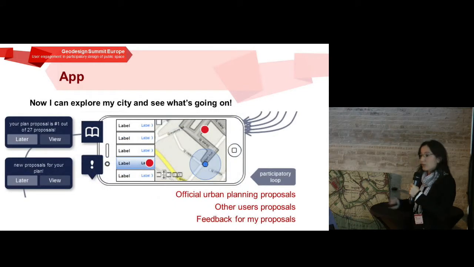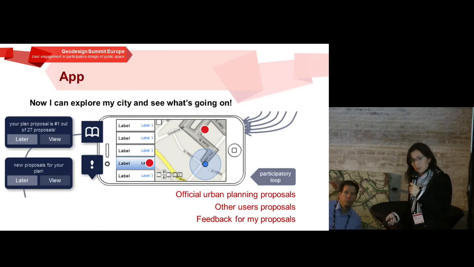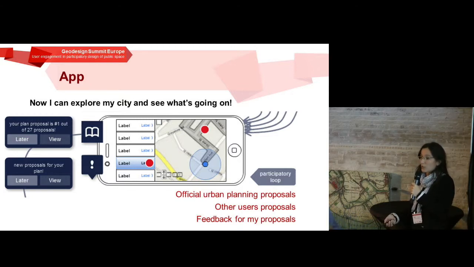So with this kind of feedback, he will be more curious, we think, about things that are going on in his city. He can look for other official urban planning proposals to try to enter and play with all the things, to comment, to see what other citizens have said about his own proposal. And with this kind of feedback, we think he will be much more curious and try to help in the development of the city.